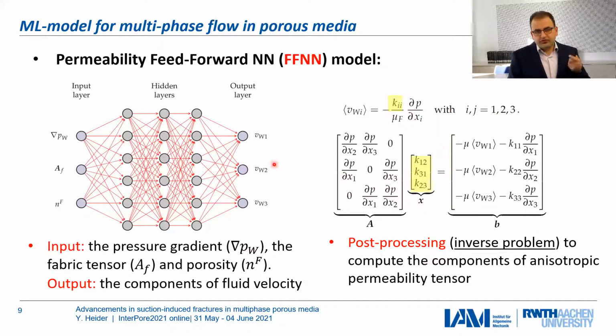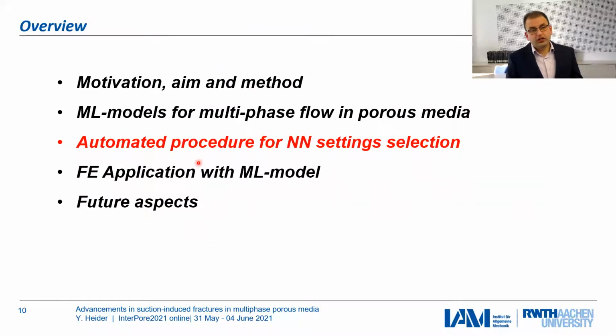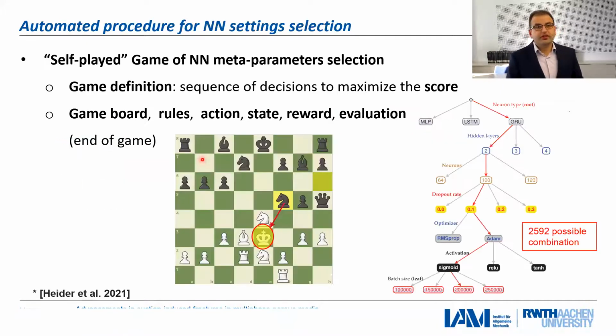These material models, which are based on machine learning, can be implemented in the finite element code, but there are some steps which we have to carry out, namely the selection of the settings or the metaparameters of our neural network. And this is what we try to do using automated approaches.